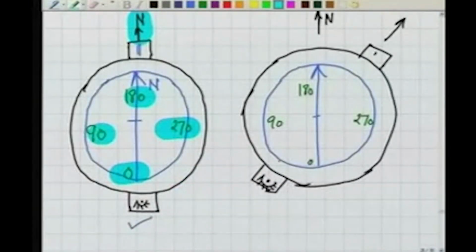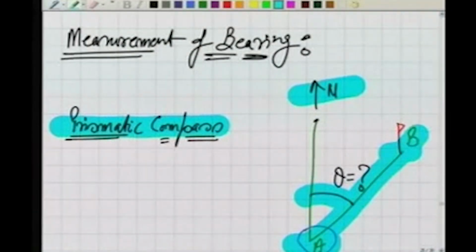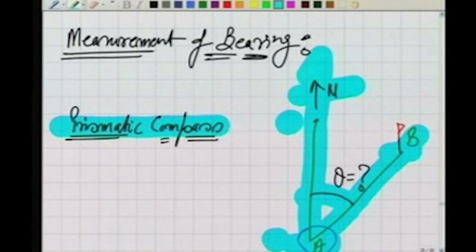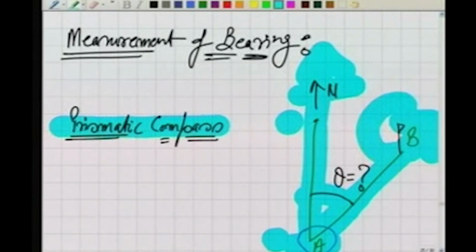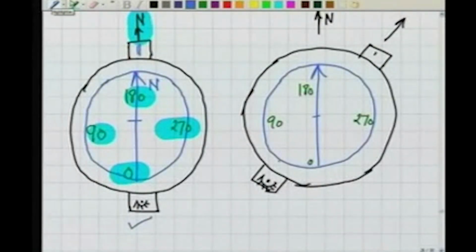As you can see here in this diagram, in order to measure the bearing of line AB, initially my eye vane was here and the object vane was here and I was looking in this direction. Now I rotate my instrument till I bisect this ranging rod at B.